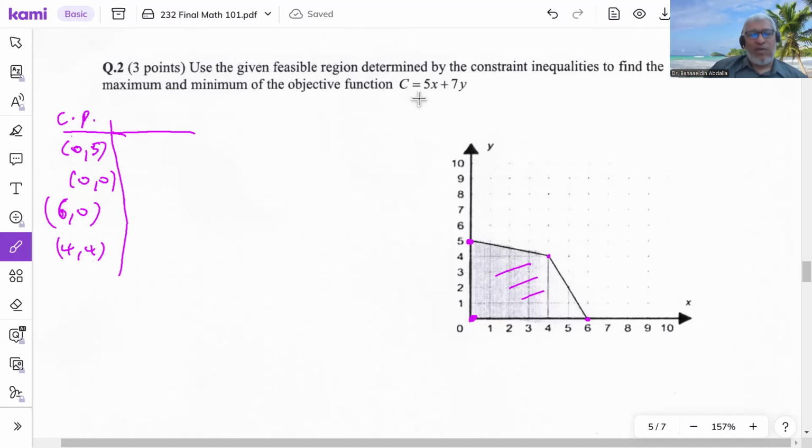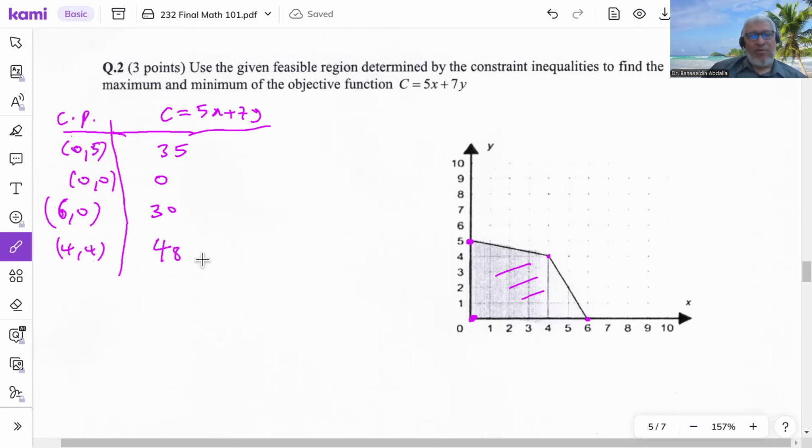I put them in this function C, 5x plus 7y, and see the values. So at 0, 5, x is 0, y is 5, 5 times 7 is 35. 0, 0 would be 0. x is 6, 5 times 6, 30, and y is 0. x is 4, 5 times 4, 20, y is also 4, 28 plus 20, that's 48.